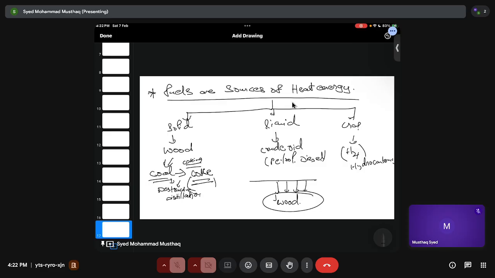This wood will first become peat, then lignite, then bituminous, then anthracite. Anthracite has the highest calorific value, followed by bituminous, then lignite, then peat. Maybe lignite comes first, then peat, so I have to check. Okay, so this is how it happens.